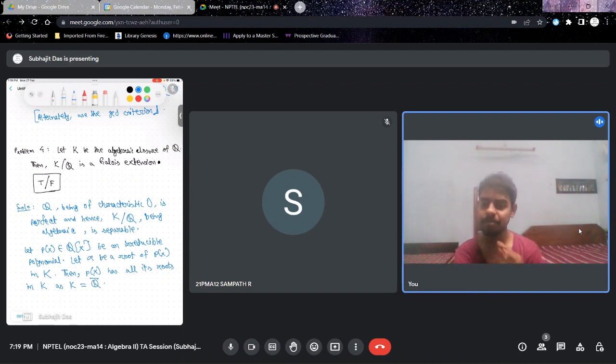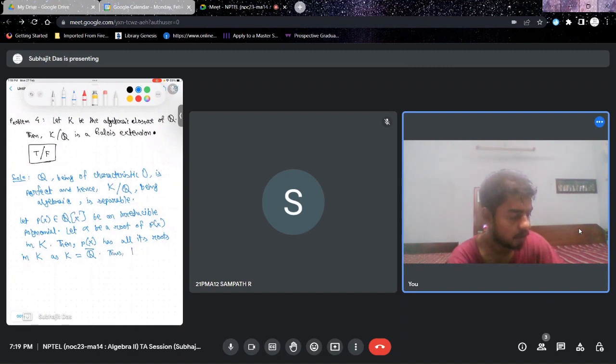It doesn't matter whether you assume that p(x) has a root in K or not; regardless, p(x) will always have all its roots in K. So indeed this is a normal extension.